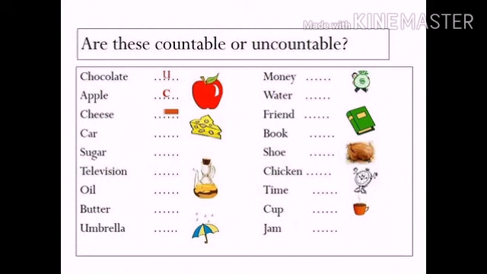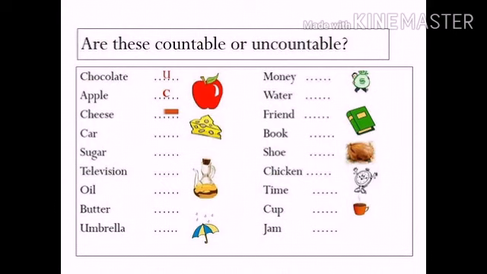Is chicken a countable or uncountable noun? Chicken is an uncountable noun, right? What about time? Devanarayanan, can you tell me? Very good. It is an uncountable noun. What about cup? Naina, what is a cup?